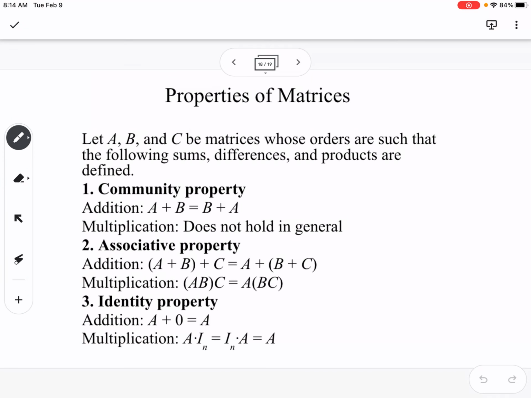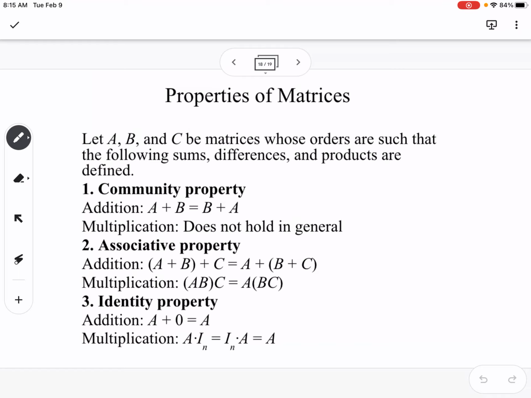So the final thing is properties of matrices. The commutative property holds with addition, but multiplication is not the case, because like the example we saw, if we had a 2×3 multiplied by something like a 3×4, and you switch the order, then those middle two dimensions are not the same, and so you wouldn't be able to multiply the matrices.